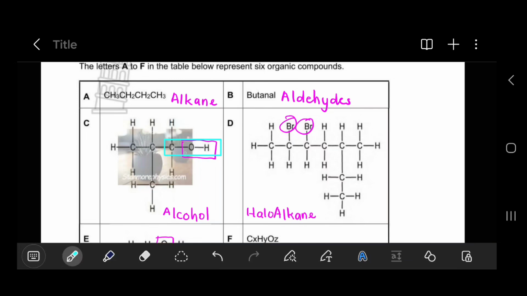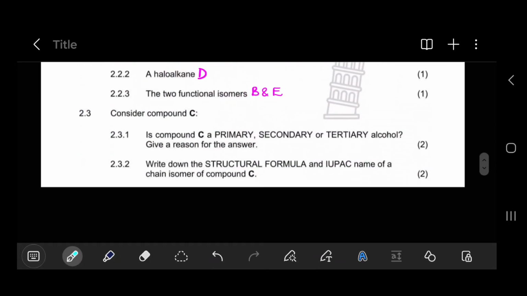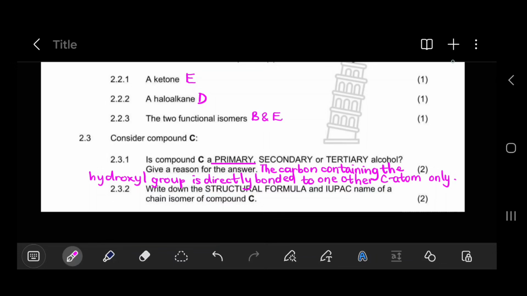Notice that this carbon that contains the hydroxyl group is directly bonded to one other carbon, meaning that this alcohol is a primary alcohol. So it's a primary alcohol, and our reason is the carbon containing the hydroxyl group is directly bonded to one other carbon atom only.